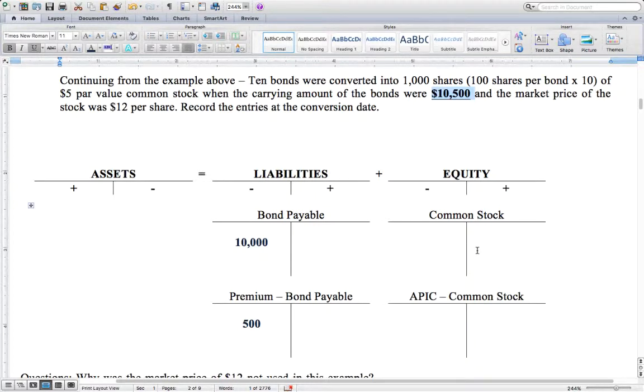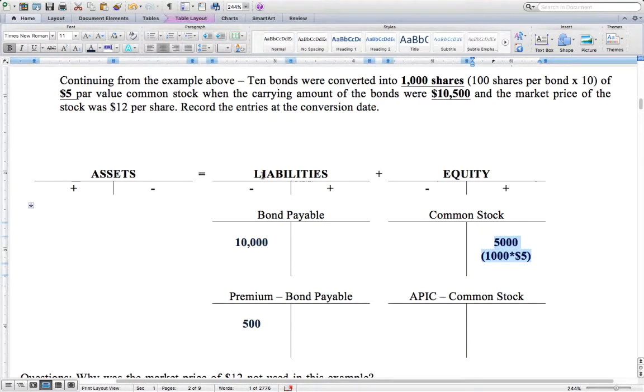And this is where it relates to chapter 15 and how you record common stock between common stock and the additional paid-in capital account. As you remember from the common stock entry in chapter 15, it is the par value. Therefore, the 1,000 shares that the bonds are being converted into times the $5 par value of the common stock is what is recorded in this account.